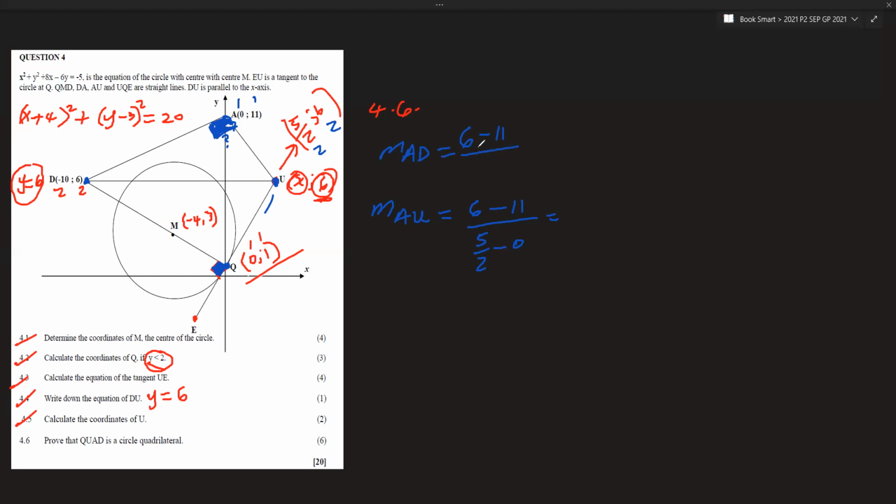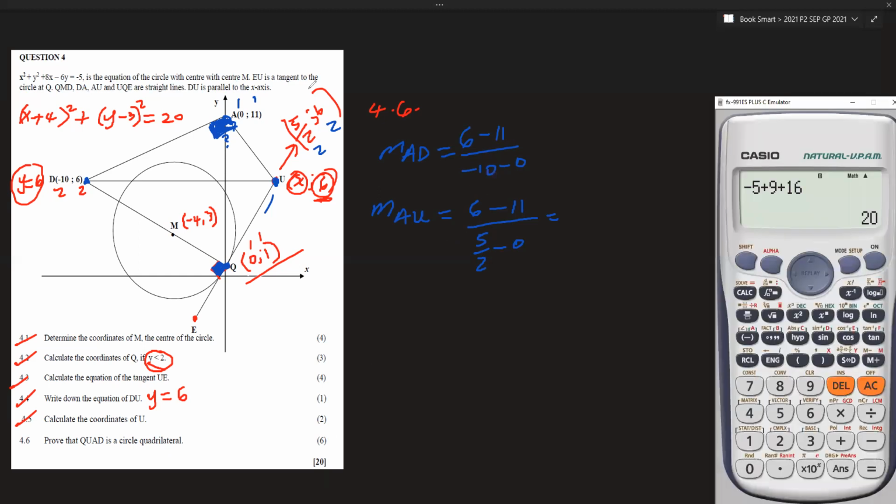Let's check. My x2 is negative 10 minus 0. Perfect. And then this will give me how much? Okay, let's just use the calculator to save our time.